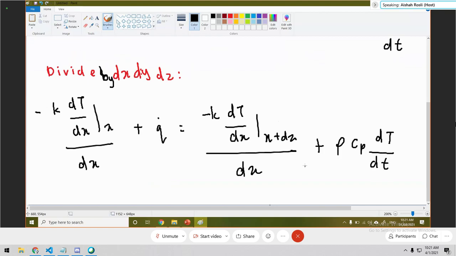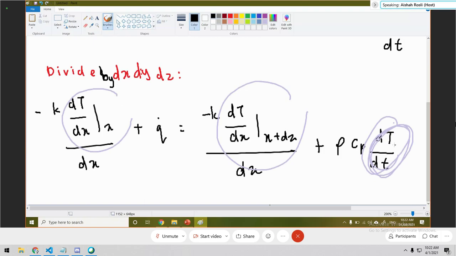So we bring these two together and rearrange the equation, because what we are interested in is the temperature profile. What temperature profile means is the change in temperature with time, so this is it, dT over dt.